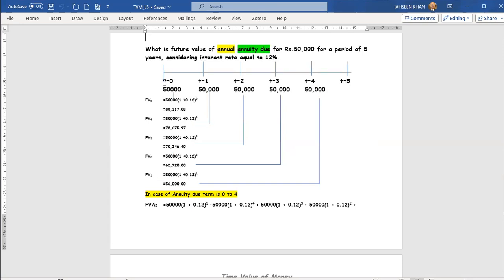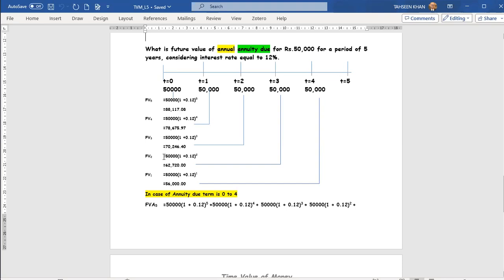Because it starts in advance from the time of investment. The first investment starts at the beginning of the first year. In the previous case, the first installment was at the end of the first year. So here you have to make the calculations.